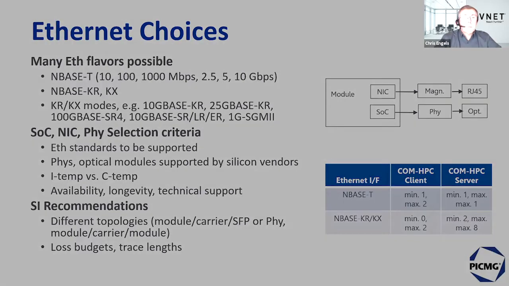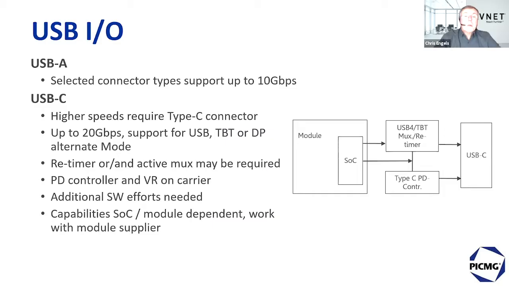USB is another field of high-speed signaling. Here the speeds go up to 10 gigabit per second with the older standards, which are good for USB-A. But if you go beyond that, up to 20 gig per second, this is really the field of USB-C implementation in order to cope with the various signals. This requires some extra logic and extra power circuitry on the carrier design in order to cope with Thunderbolt or display mode at the USB-C connector.